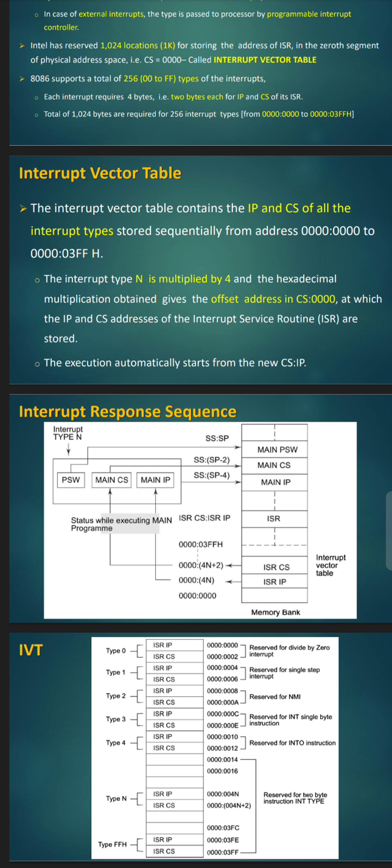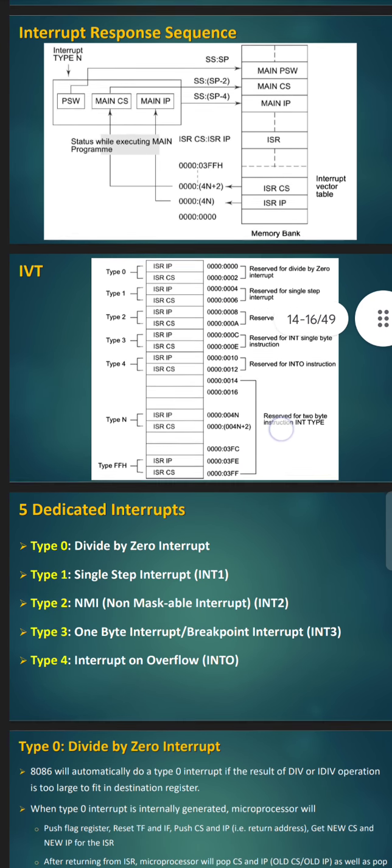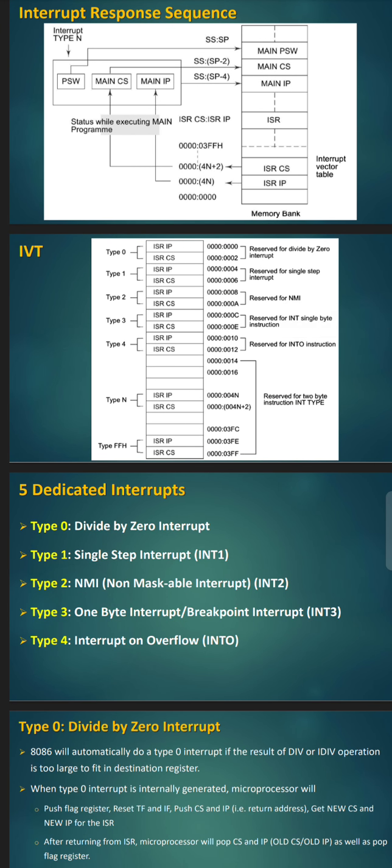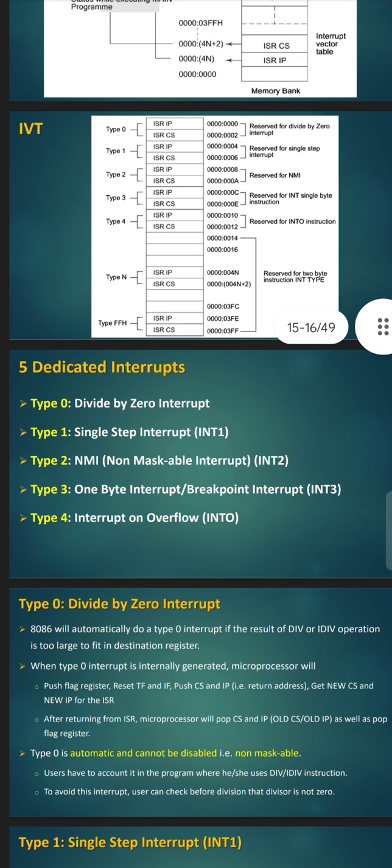Okay, so there are different types of interrupts. The 5 dedicated interrupts are type 0, type 1, type 2, type 3 and type 4. Type 0 is the divide by 0 interrupt. As I have already told, it is a type of internal interrupt.